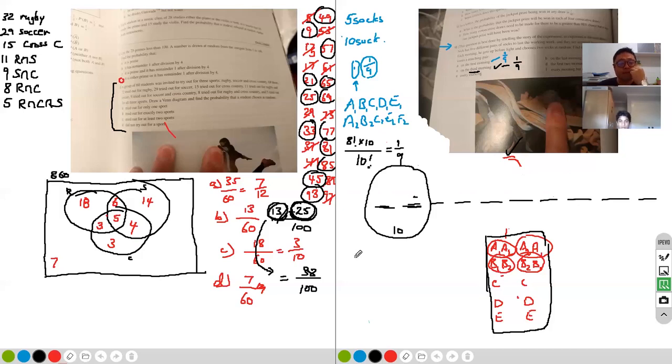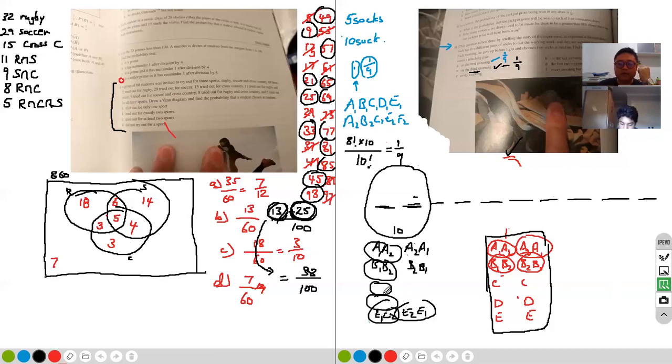We have A1, A2, B1, B2, and then you can choose A2, A1, B1, B2, B2, B1, etc., all the way up until E1, E2, E2, E1, right? And that gives us 10 combinations. Does that make sense?